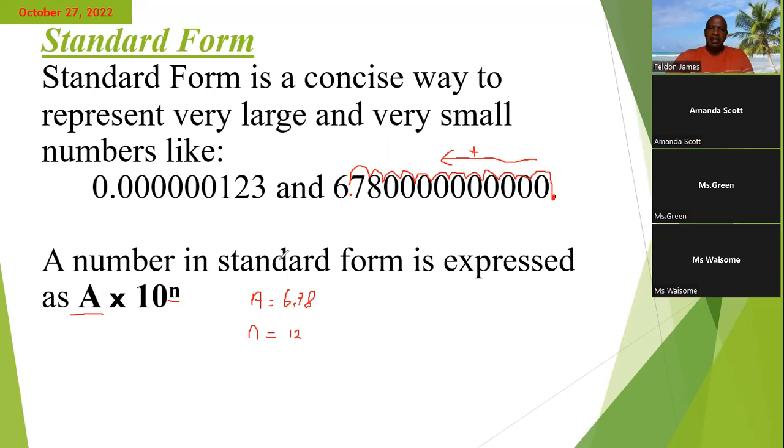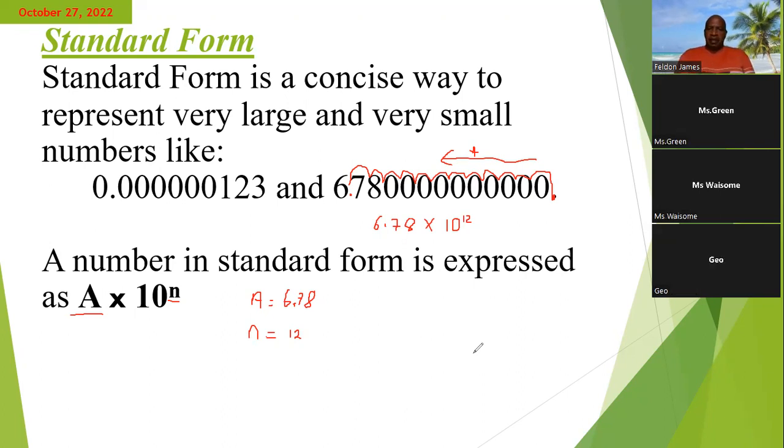So this number in standard form would be 6.78 times 10, and in this case, we're raising to the power n, and so n would be 12. So that would be the value when we write this number in standard form. Is that clear to everyone?